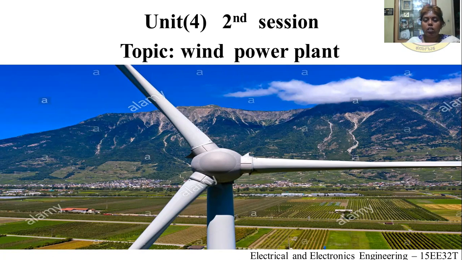So this is a picture which is having a wind power plant having three blades mounted on a tower. Normally, it is mounted on a very hilly area where high wind is available.